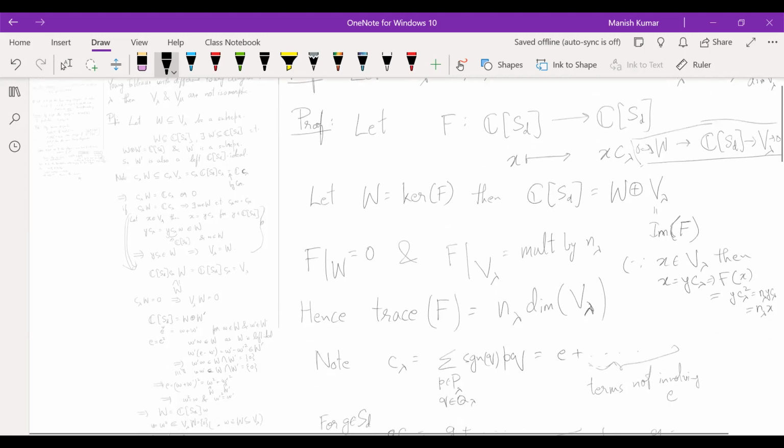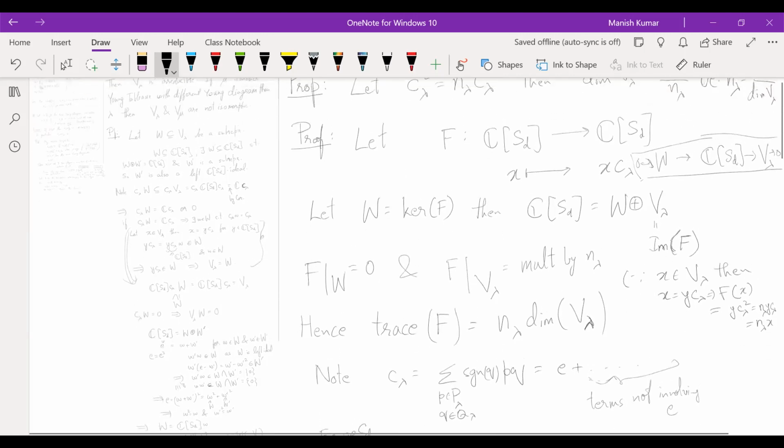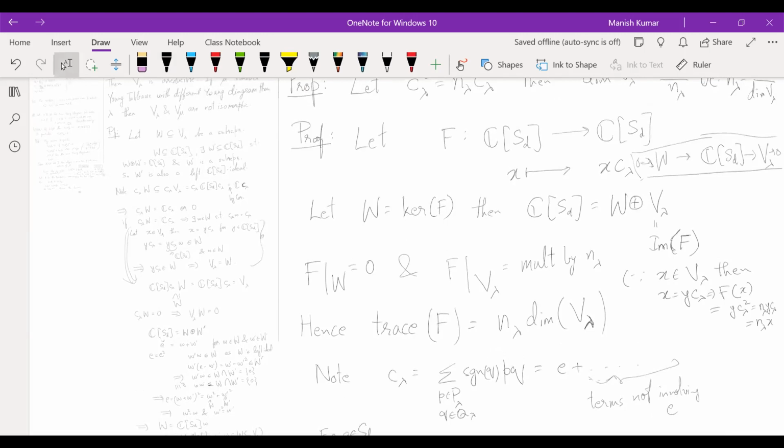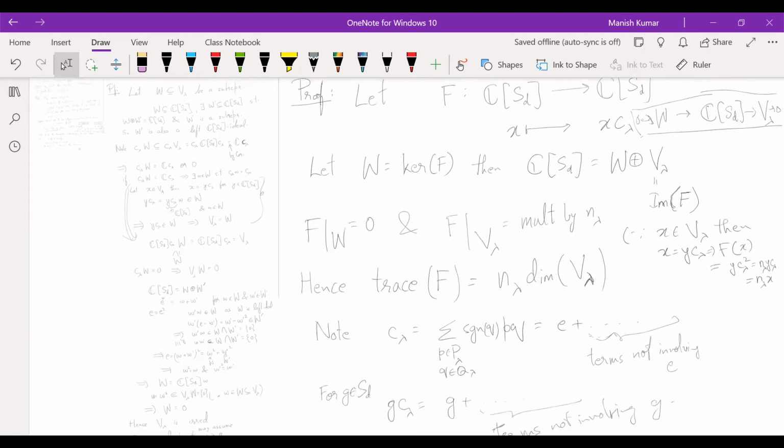Another way is to take the basis as the elements of S_d, the standard basis for CS_d. Okay. So if you think about c lambda, how does c lambda look like? It has e, the identity of S_d, plus some terms which do not involve e. Yeah, in fact, we know what exactly it is. It's of this form.